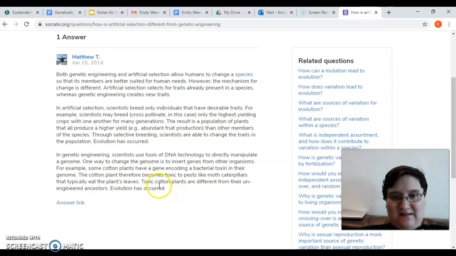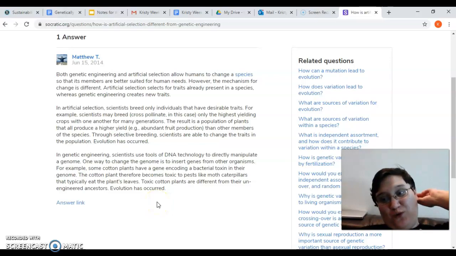So the toxic cotton plants are different from their ancestors, right? What this means is that we humans created this trait, and we have changed their genetics.